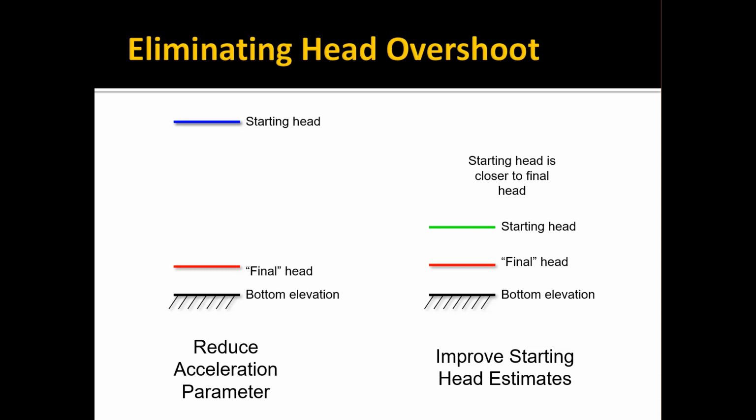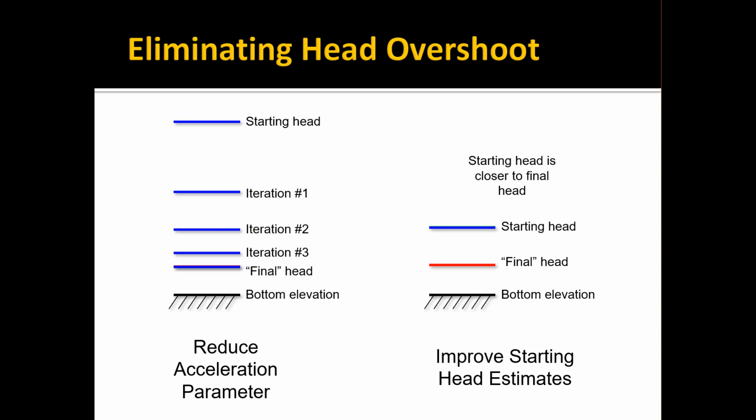If you reduce the acceleration parameter, then it takes smaller steps. So there's iteration 1, 2, through 3, and then eventually it solves it. That's a simple thing to do. Whenever you see cells going dry, the first thing you should do is go in and reduce your acceleration parameter. Sometimes that will completely solve it.